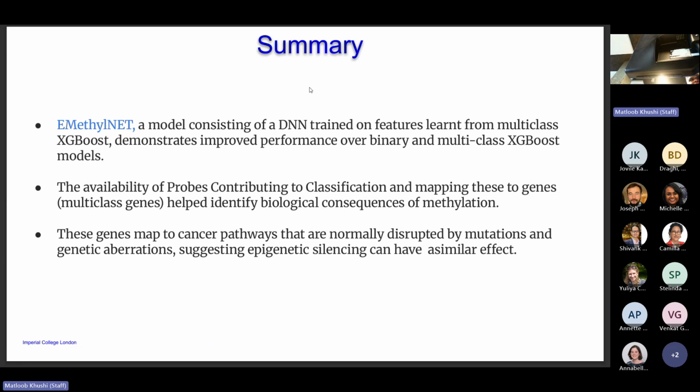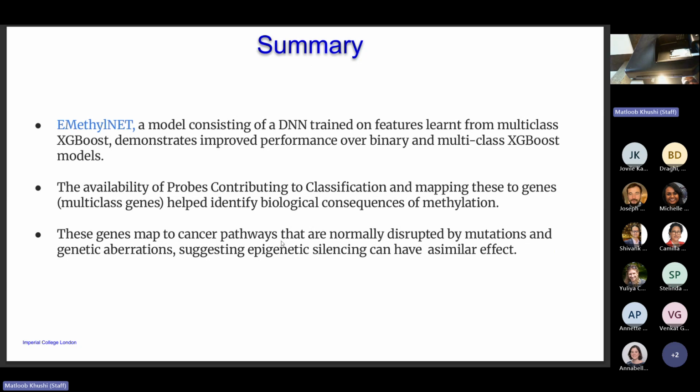So eMethylNet, which is a model consisting of a DNN trained on features learned from a multi-class XGBoost model, definitely demonstrates improved performance over binary and multi-class XGBoost. The availability of these probes contributing to classification, and mapping these to genes, helps us identify biological consequences of methylation across multiple cancers.